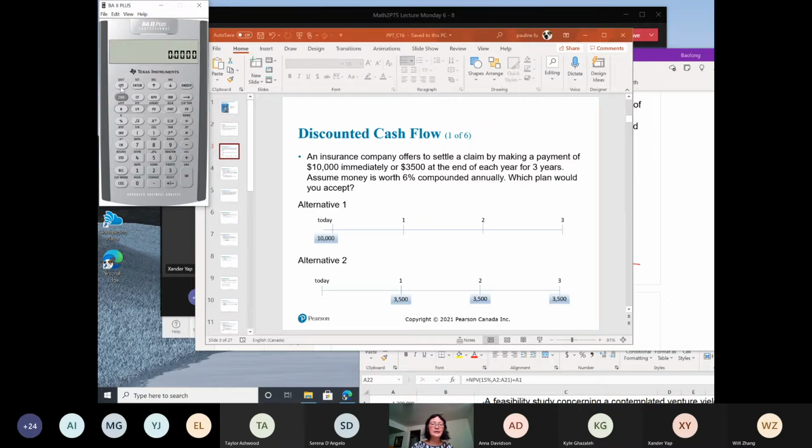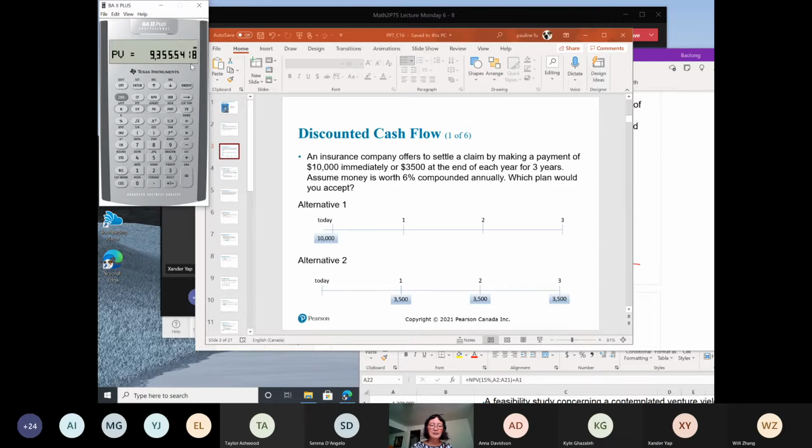Okay, and now second quit, 3,500, that is negative PMT. Okay, term N is 3 years, interest is 6, IY is 6. Okay. Do not forget 0 FV as precaution to clear any previous entries. Last step, compute PV.